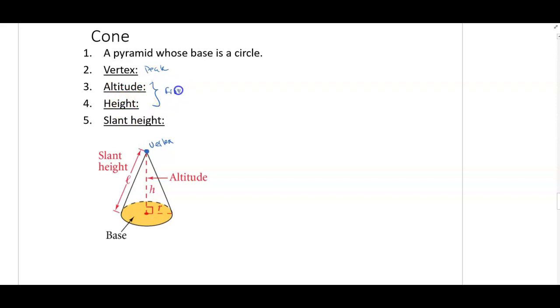It goes from the vertex perpendicular to the circular base. And then the slant height basically goes from the vertex to the base edge.